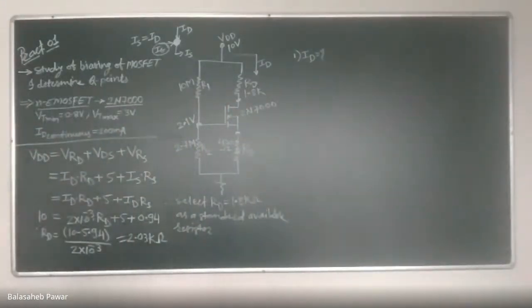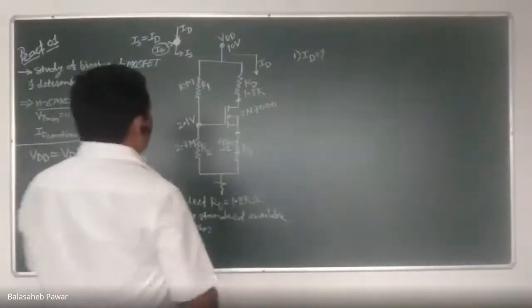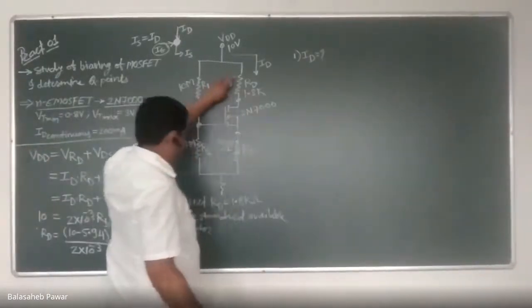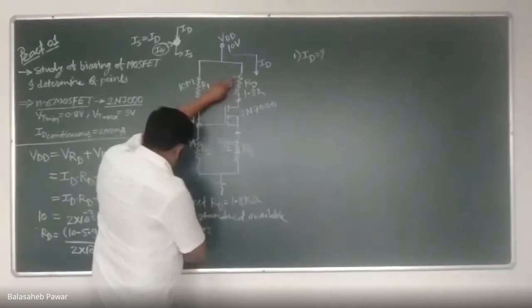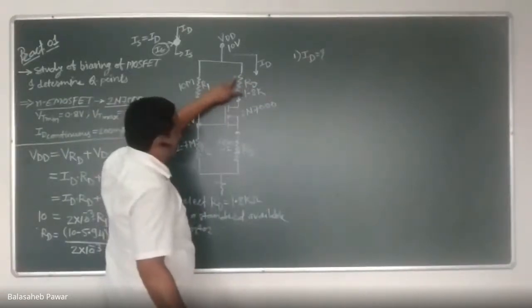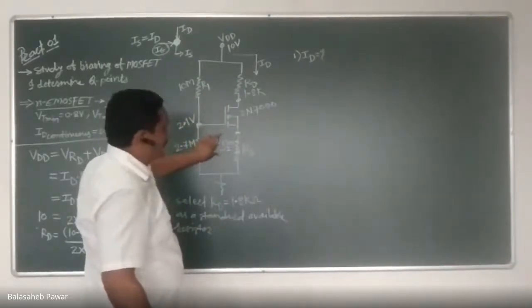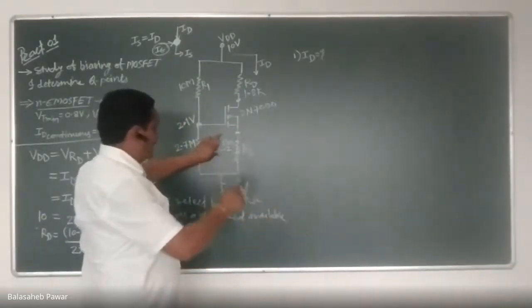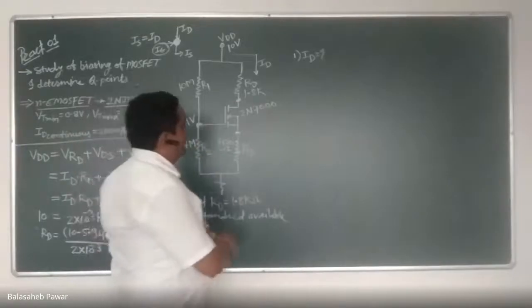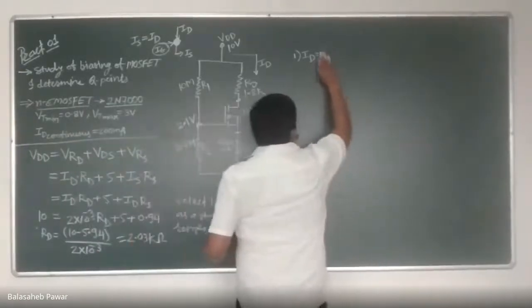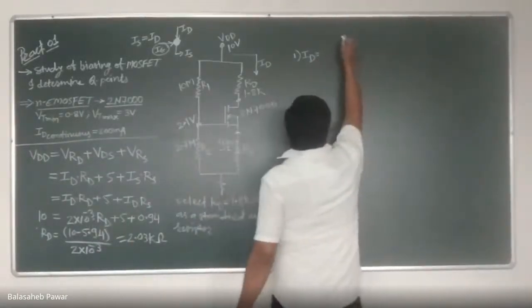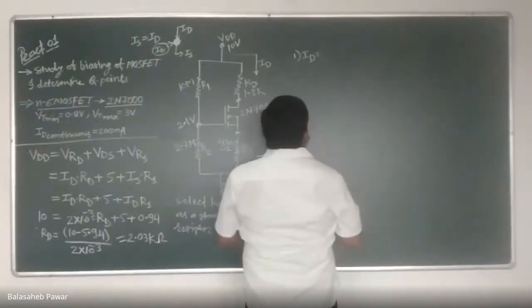But it will not be exactly 2 milli. Why? Because we changed the value of this RD from the calculated 2.03 K to 1.8 K. Similarly, this 470 ohm was changed from 500 ohm to 470. Correct? And that's why you have to just note down how much you practically get. Here, you have to prepare one observation table.